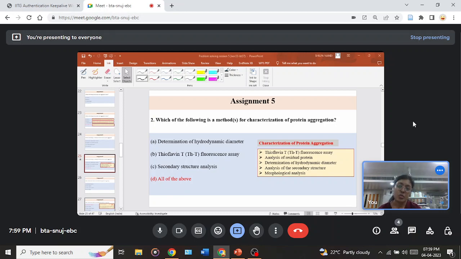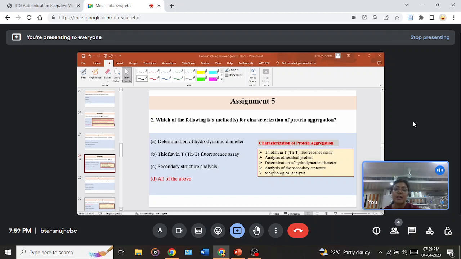For determination of hydrodynamic diameter, what kind of instrument do you use? I think I discussed this during our recap of the week 5 assignment, week 5 course content. So for option A, the determination of hydrodynamic diameter, you basically use the instrument DLS, that is dynamic light scattering.